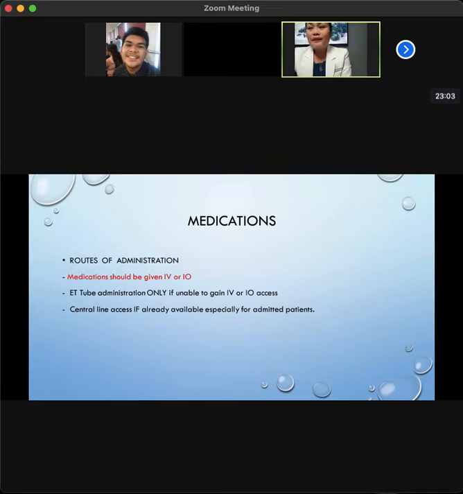If the patient is already admitted, they usually have central lines or IV lines, so you can give your medications via central lines, such as CVP or IJ line. Okay?